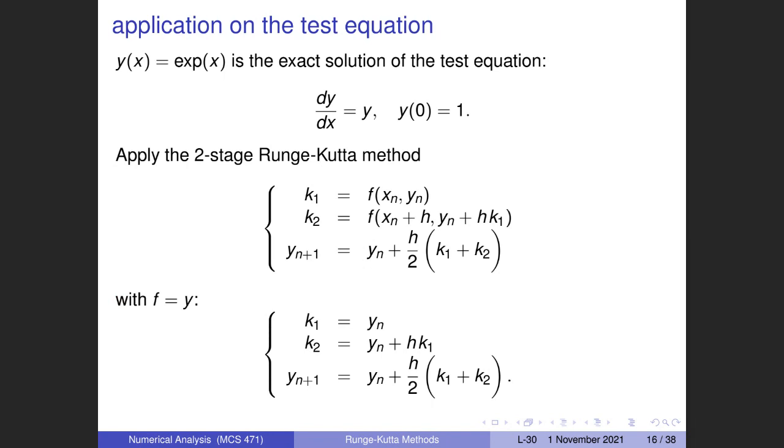All right, let's just now apply our test equation again. The test equation has as exact solution the exponential. So we start at x equals naught, y naught is 1. We run the modified Euler now as a two-stage Runge-Kutta method.